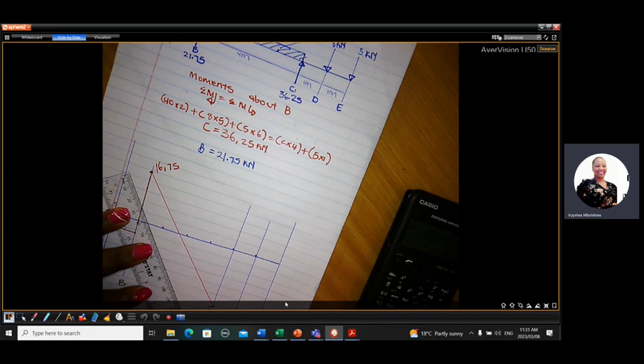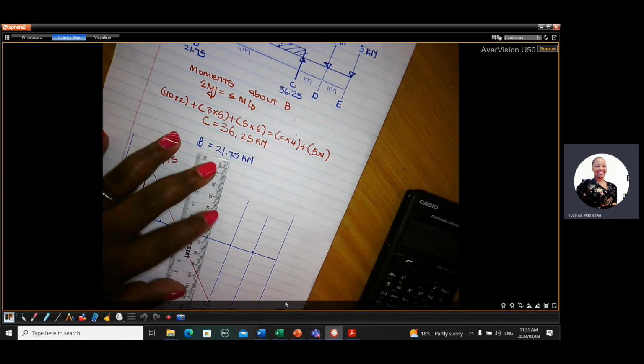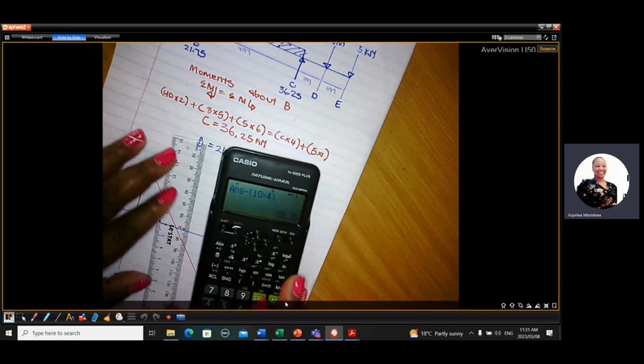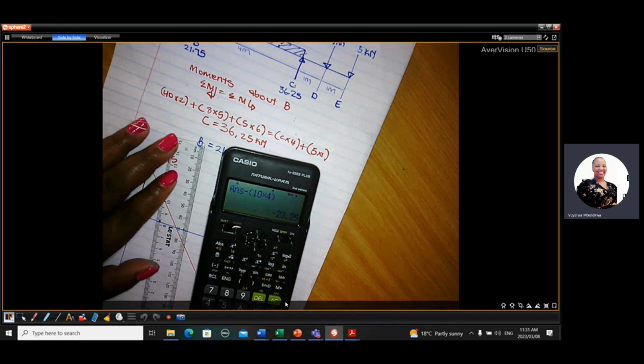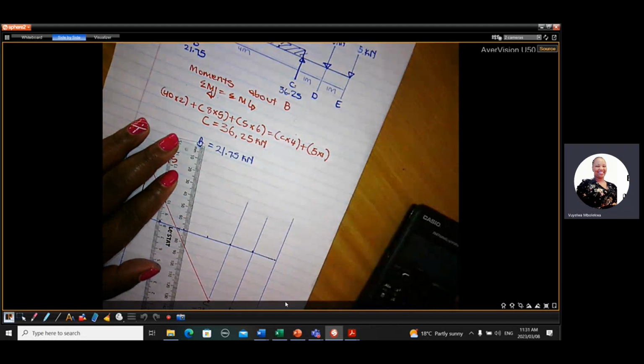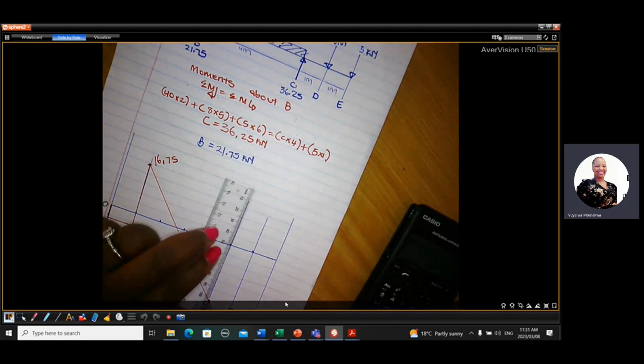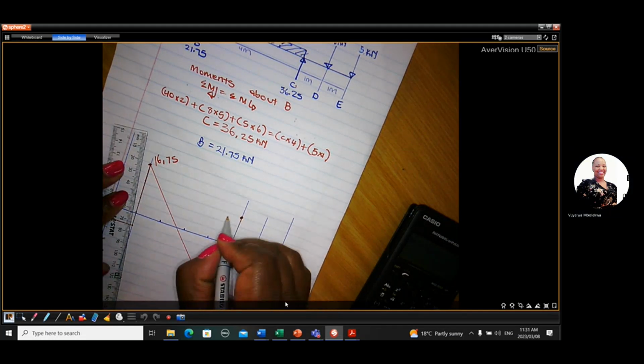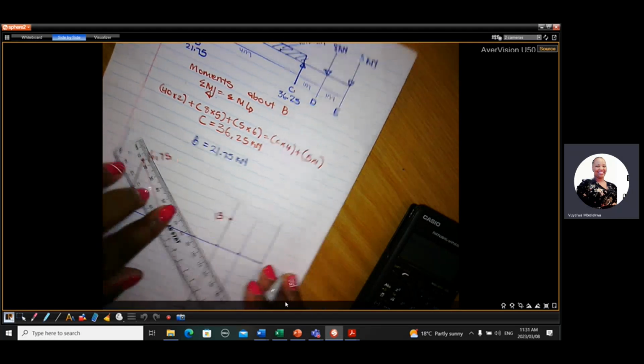At minus 23.25, we are now at C. So the next force is 36.25 and it's upward. So plus 36.25. It gives us a positive 13. So we go up to a positive 13. That is a positive 13.